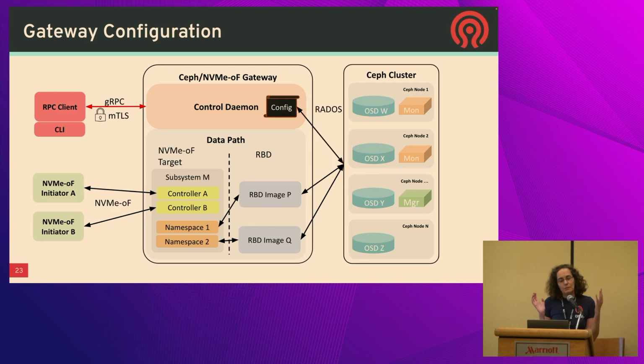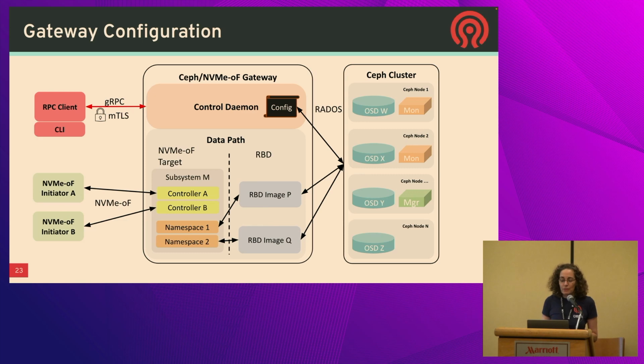We want the configuration to be persistent. Configuration, for example, can contain the IP addresses of the target, the subsystems, and also the mapping between the NVMe namespaces and the RBD images. It doesn't make sense that if the gateway restarts, we lose all that configuration. Luckily for us, we have a persistent, highly available storage that we can store the configuration in.